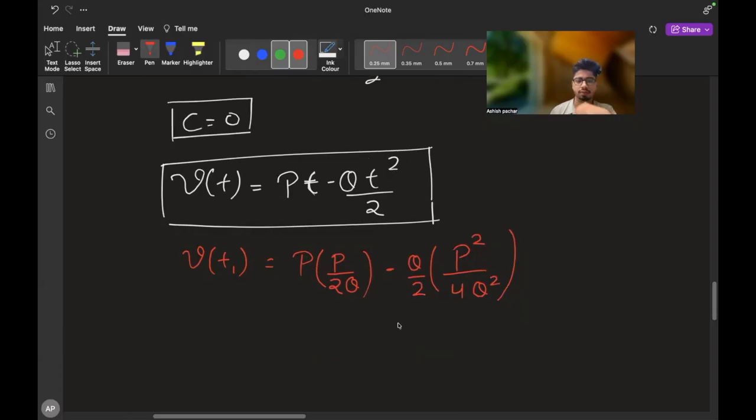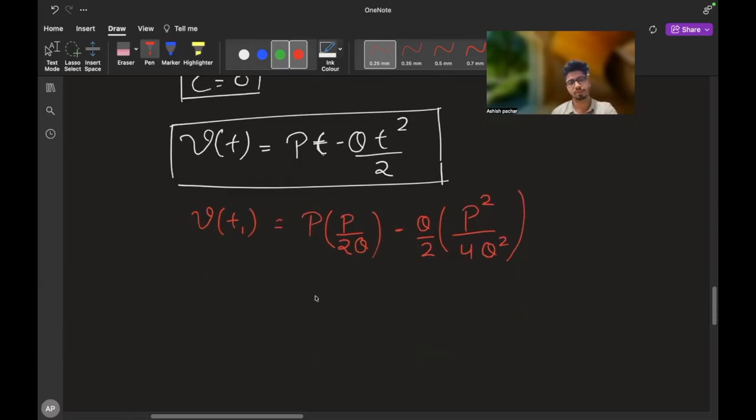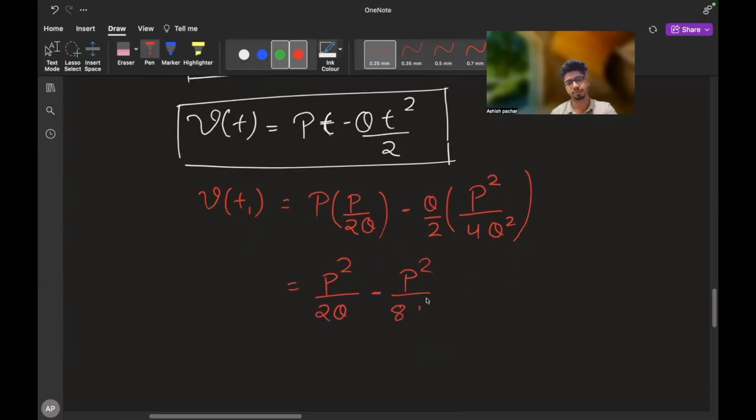As I do that, it comes out to be p square by 2q minus q, one q will cancel out, p square by 8. Please check the calculation from your side.